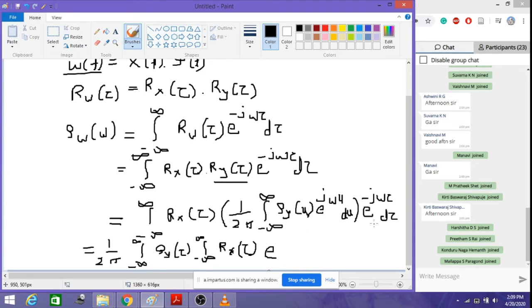There are two exponential terms, so I'll take them common: e power minus j of omega minus u into tau, into d tau into du.